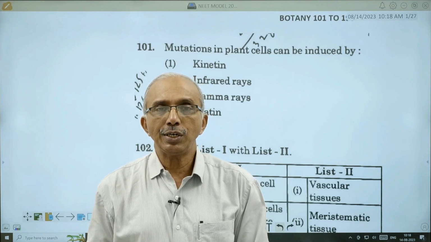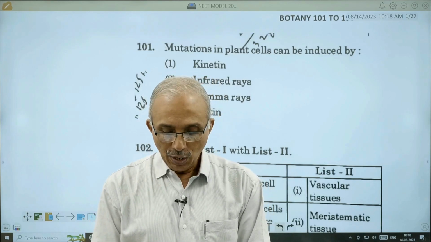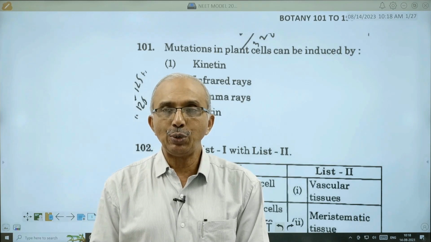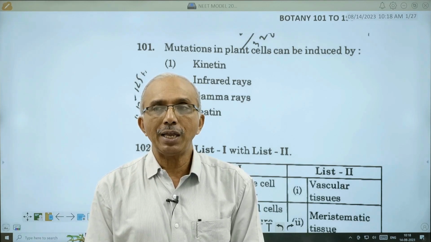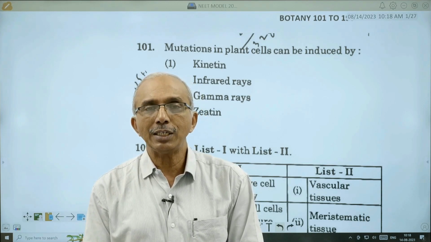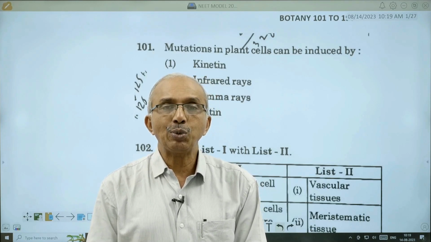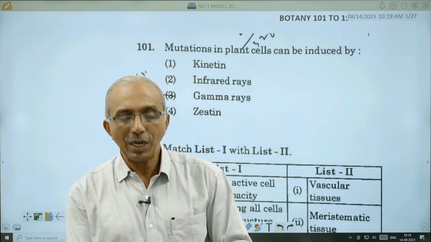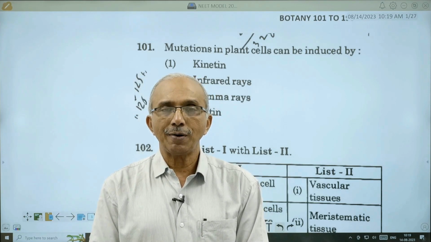2021 NEET examination. First question: mutations in plant cells can be induced by. Mutation can be induced by certain agents. They are called mutagens. Mutations can be divided into two: spontaneous mutation, that is naturally occurring mutation, and induced mutation.